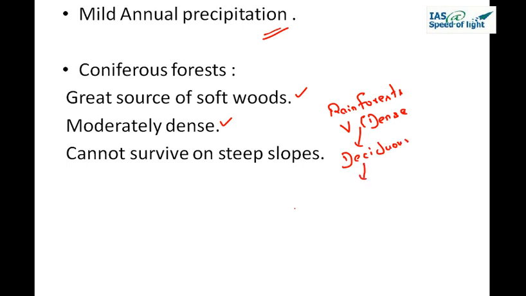Then we are studying now the evergreen coniferous forest, and then we studied the savanna grasslands and then the temperate grasslands. So that is actually the sequence of the density or the denseness of these forests.